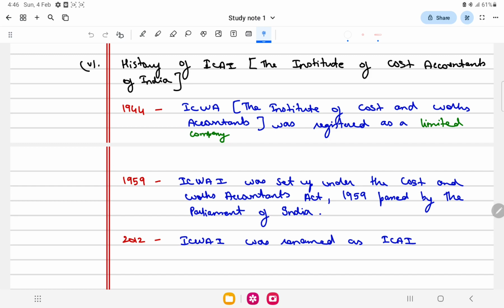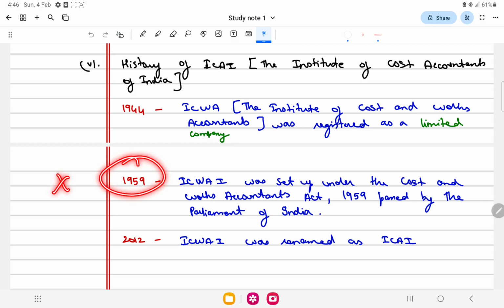It was just registered as a limited company. It was not known by the public. It was just a company type. So in 1944, it was a limited company with name ICWA.